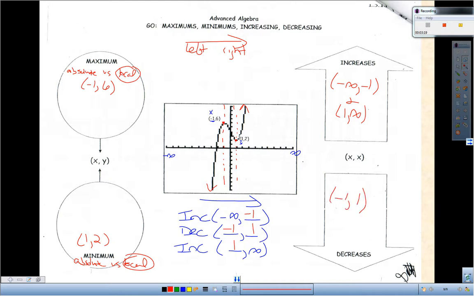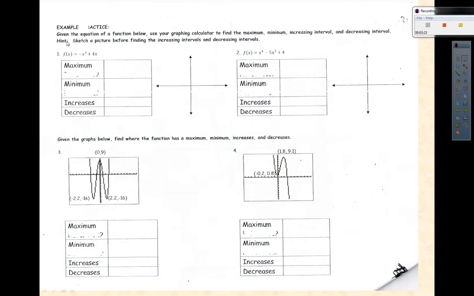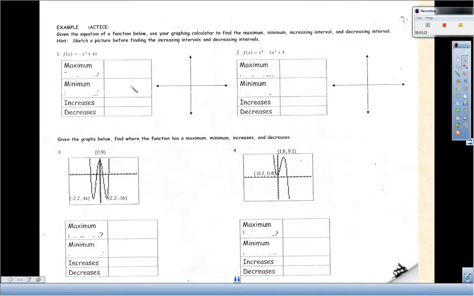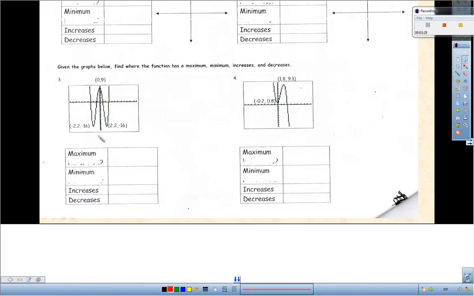Alright, let's take a look at one more page. Okay, let's look at these bottom two since the graphs are already here. Notice the graphs number 3 and number 4. Let's look at number 3. Let's read what's going on. Maximum.